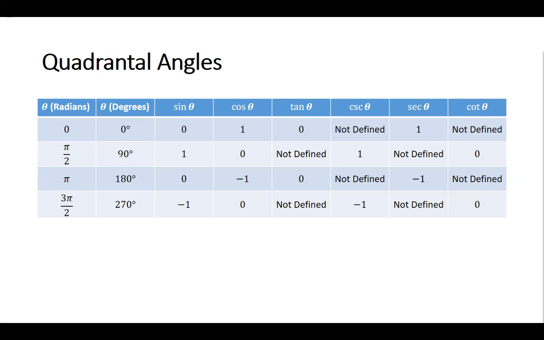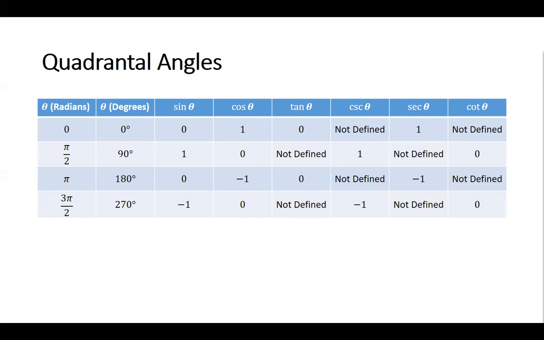Same thing here, when you're dealing with radians, if there's no unit included, we assume that it's radians. You could say 0 rad, pi over 2 rad, pi rad, 3 pi over 2 rad. Both are okay.